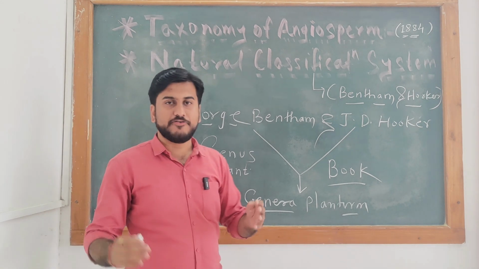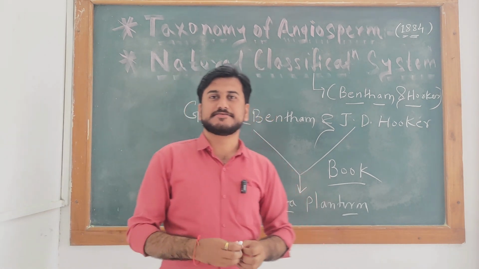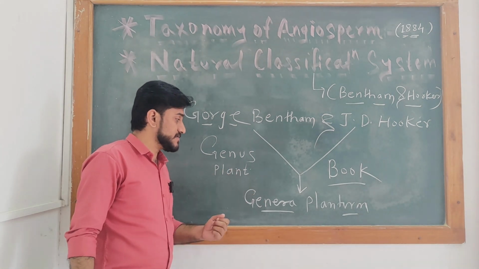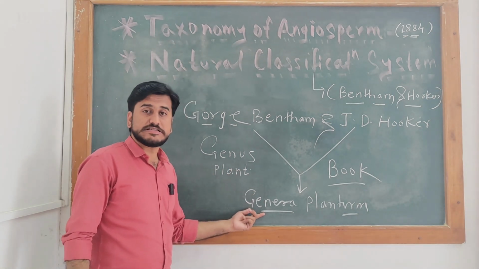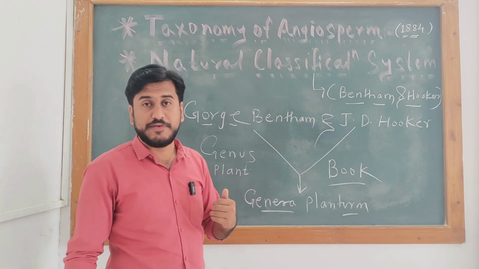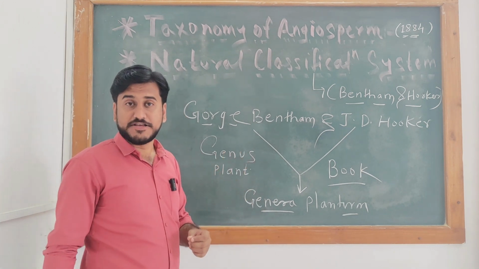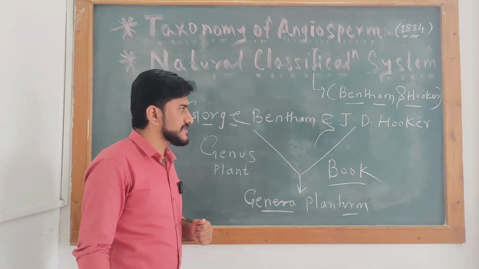Means each and every plant present on the earth contains the genus as well as the species. So genera or genus is most important for the plant body present in a particular selected population, according to these two scientists.